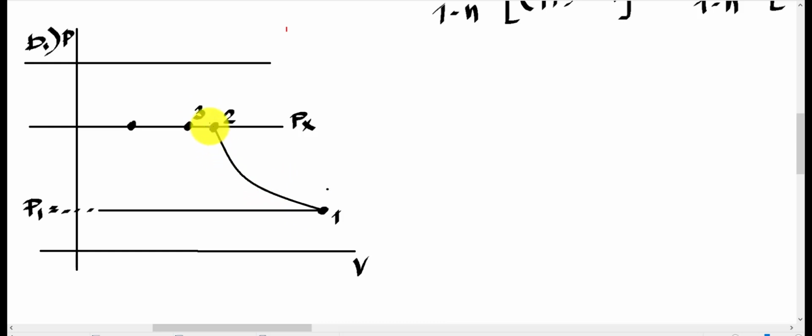So first stage, then discharge, then I'm going to compress it again to point 4, isentropically. So I have now our point 4 at this stage, so from here going there.